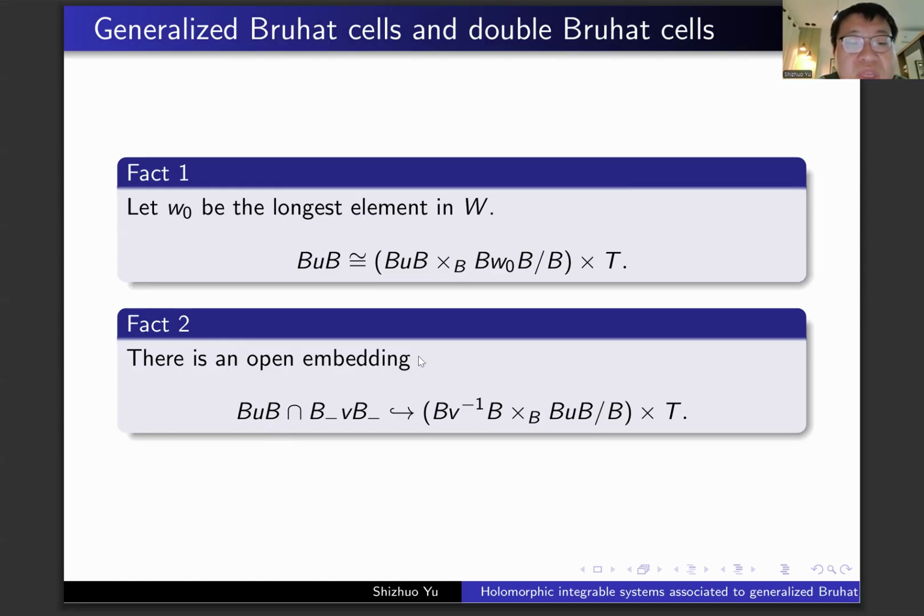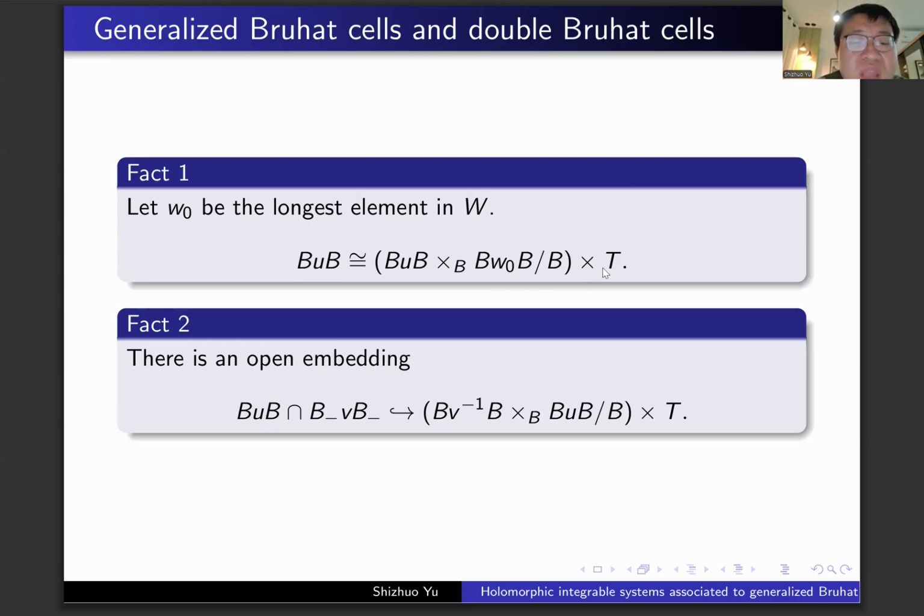For example, each BuB is isomorphic to the generalized Bruhat cell, BuB times BẇB over B, and cross T. It means that even the subvarieties of the Lie group G can be identified with the generalized Bruhat cell times torus.